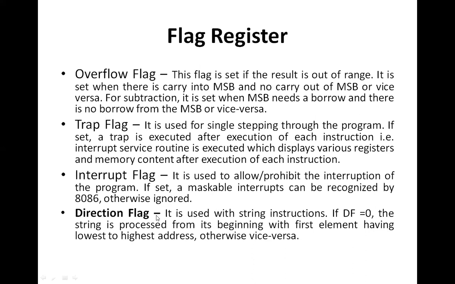Otherwise, if DF is 1, the string will be processed from the beginning with the last element, from the highest to the lowest. So this is the meaning of the direction flag, which is used only for string operations in string instructions. These are the 4 additional flags which are used in 8086.